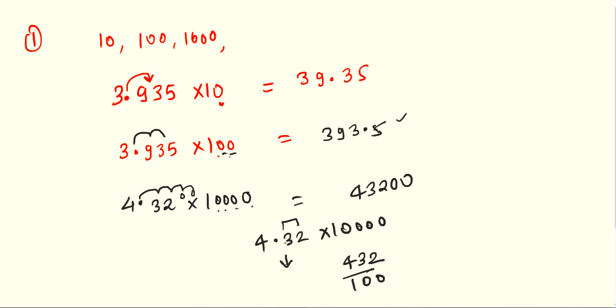So 4.32, after decimal two places, means in the denominator you will have 100 into 10,000. Now 1 0 and 1 0 get cancelled, then again 1 0 and 1 0. So 432 into 100 means 43,200, which is the same. Clear? So this is the first one.